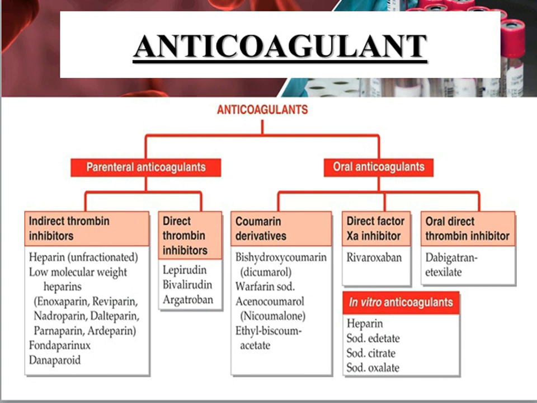Next is the classification of anticoagulants. It is divided into two parts, parenteral and oral. Parenterally, there are indirect thrombin inhibitors and direct thrombin inhibitors. Heparin is the example of indirect, and the direct example is lepirudin. By oral route, coumarin derivatives, for example bishydroxycoumarin or dicumarol, warfarin sodium.